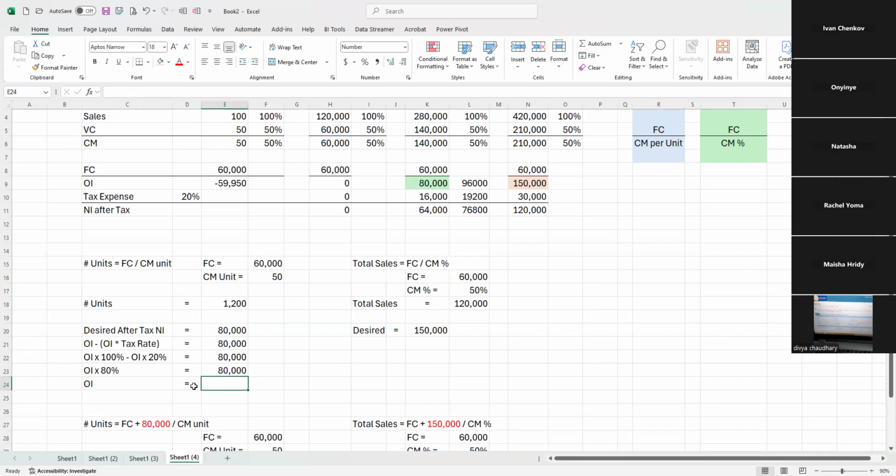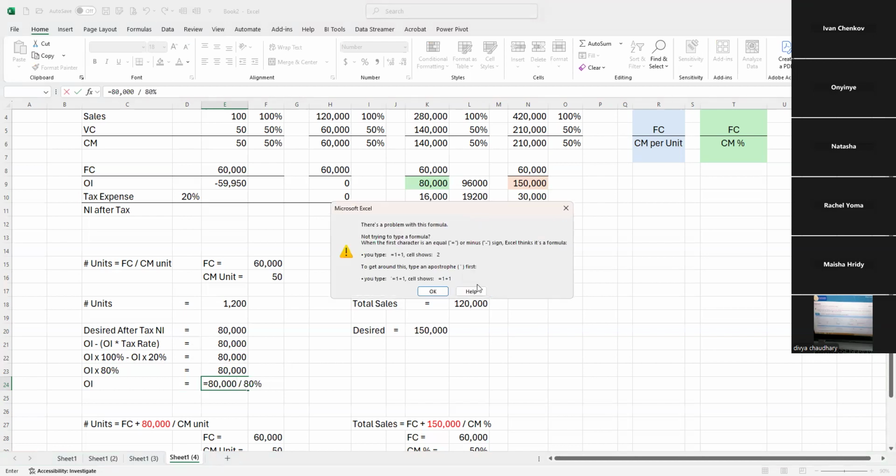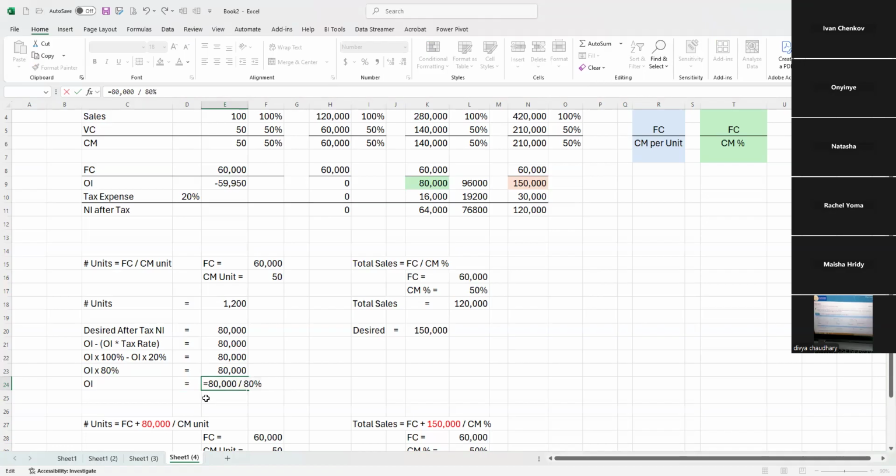So now how much is my operating income? It's going to be equal to 80,000 divided by 80%. Make sense? Yes or no? Yes. Okay, let's see if this is going to work, because you can say, oh, no, that's not going to work. Let's find it.